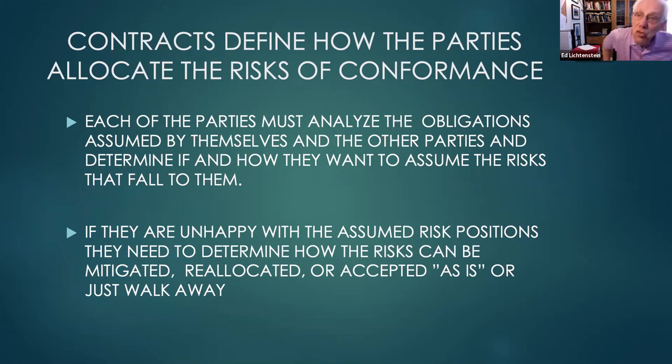How can I reduce it? How can I make it a little bit less? How can I reallocate it? Can I give my customer or my contractor a little bit more risk? Or can it be accepted as is? Am I willing to accept it as is? And finally, if you're not willing to do that, should you just walk away?